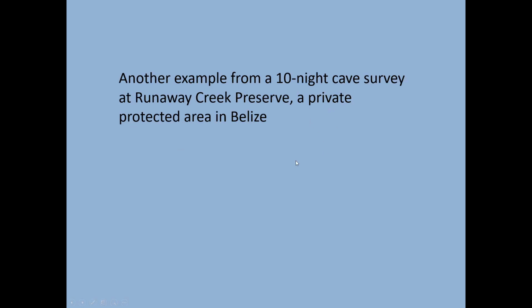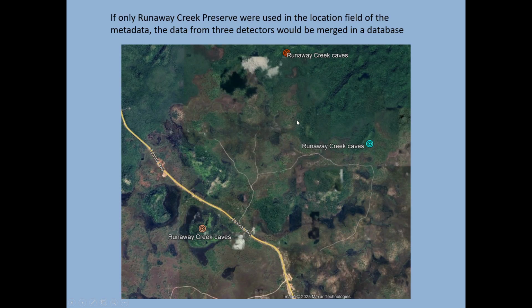Another example is from a quick 10-night cave survey at Runaway Creek Preserve, a private protected area in Belize, which has a lot of caves, and there were cave surveys done there. One of the early data sets simply listed Runaway Creek Caves as the location.